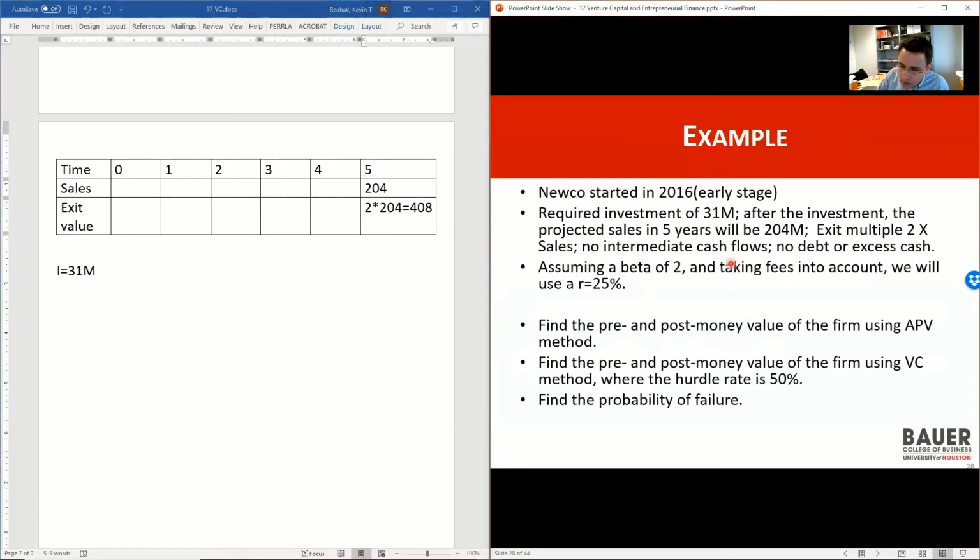To keep things simple, there's no intermediate cash flows, there's no debt or excess cash. With a beta of 2 and taking into account the VC's fees, we get a discount rate of 25%. That 25% incorporates the systematic risk of the investment.